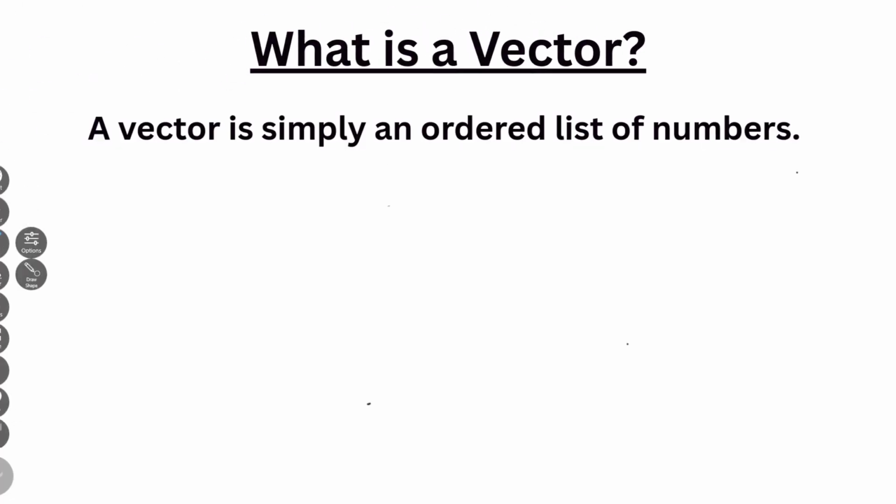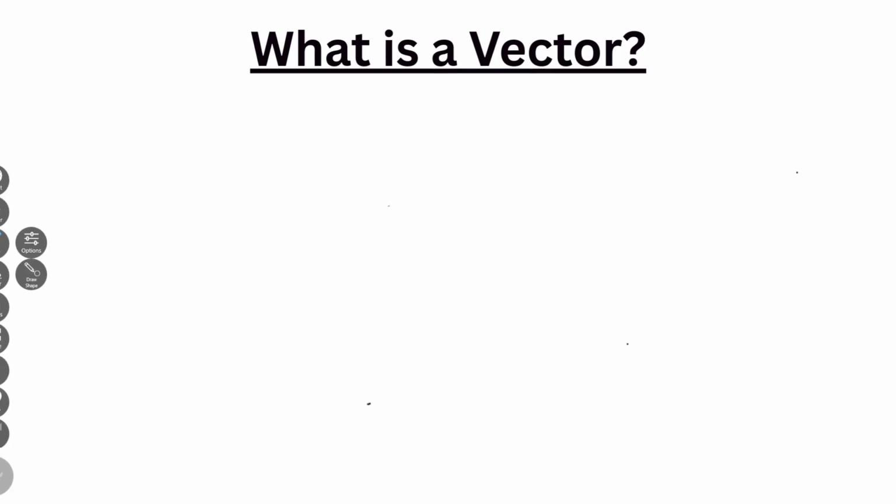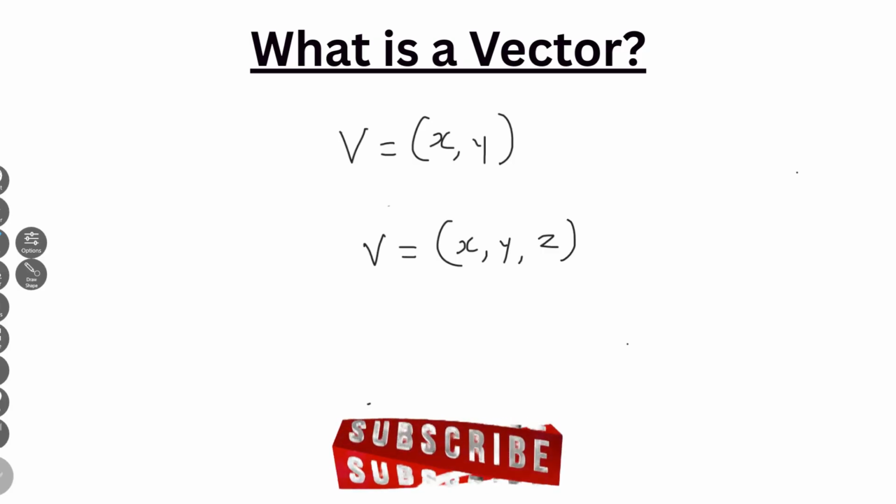A vector is simply an ordered list of numbers. In 2D, we write it like this: V equals (x, y). In 3D, it looks like V equals (x, y, z).